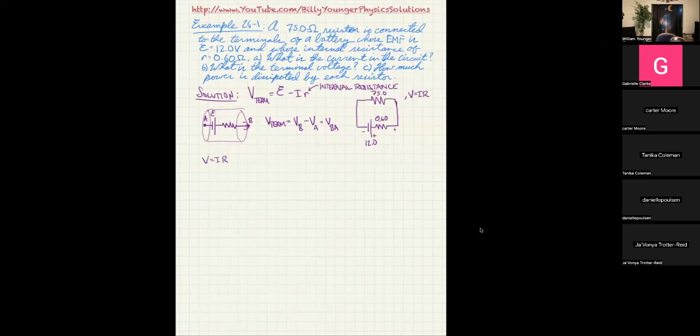And in this case, the R is the 0.6 plus the 75, and the V is the 12.0 volts. So I'll say 12.0 volts is equal to I times 75.0 ohms plus 0.60 ohms. Therefore, I is going to be, all I got to do is take 12 and divide it by 75.6.